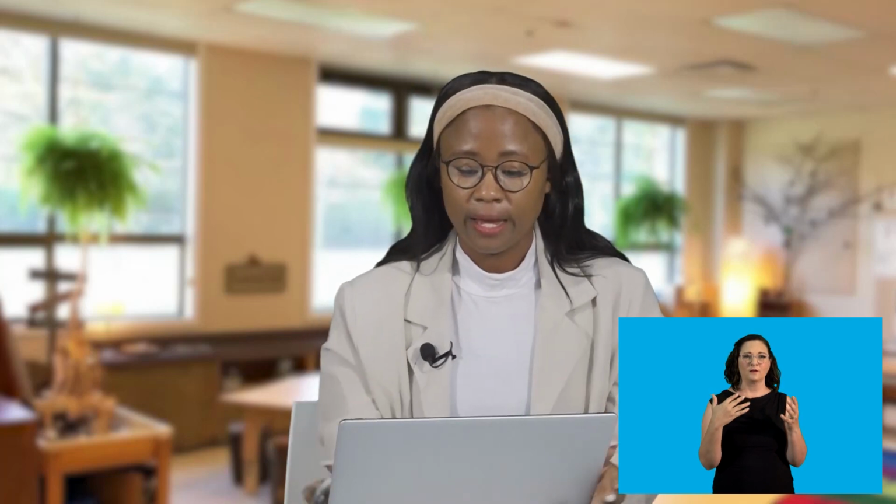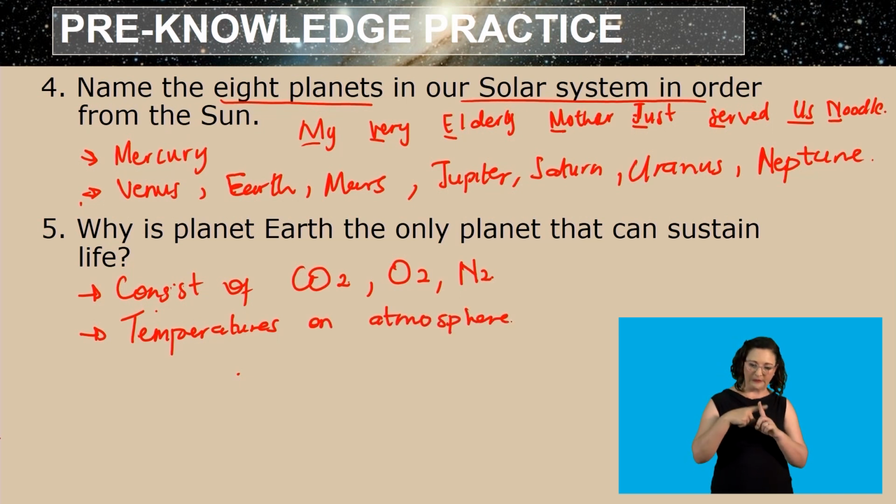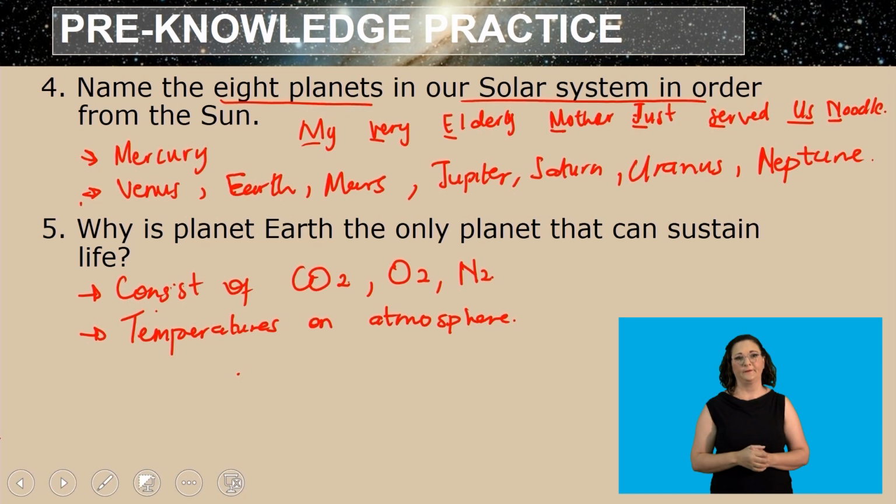Also the temperature of the atmosphere is what makes planet Earth suitable for life. So we can also write that down: temperatures in the atmosphere are also the reason why planet Earth is the only planet that can sustain life.